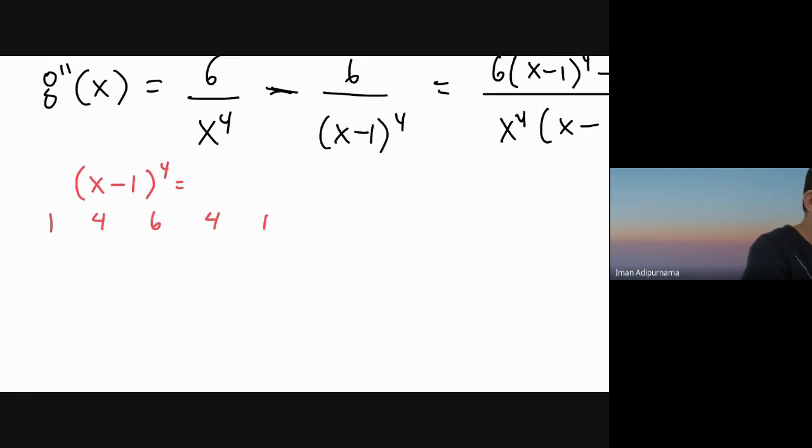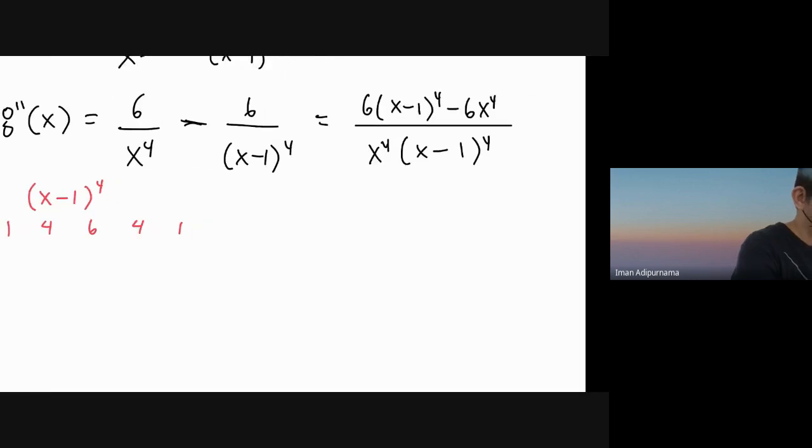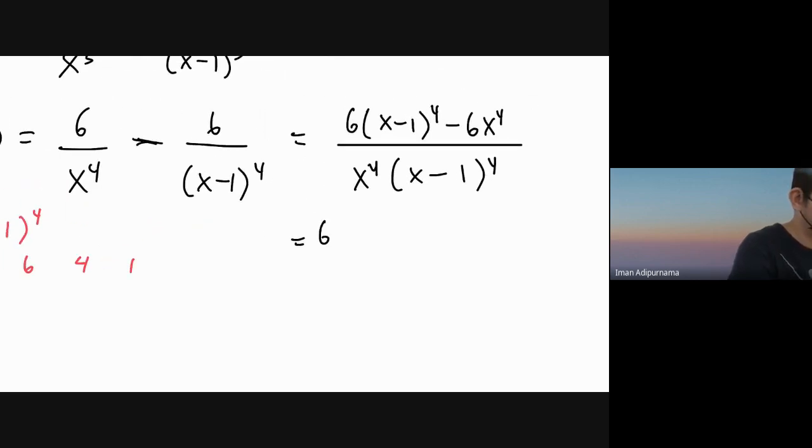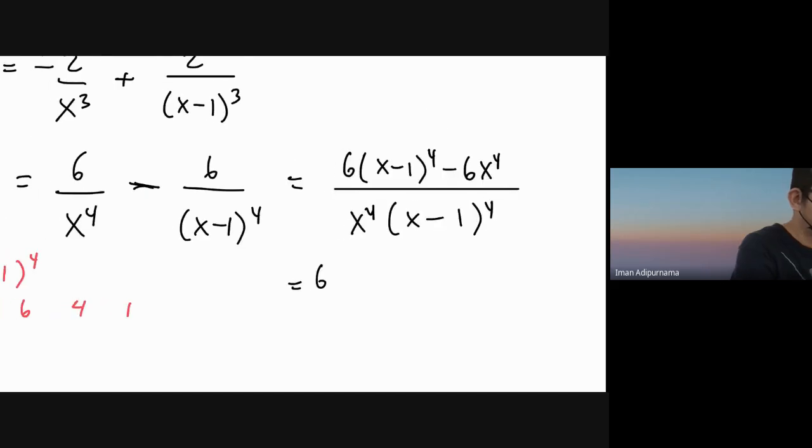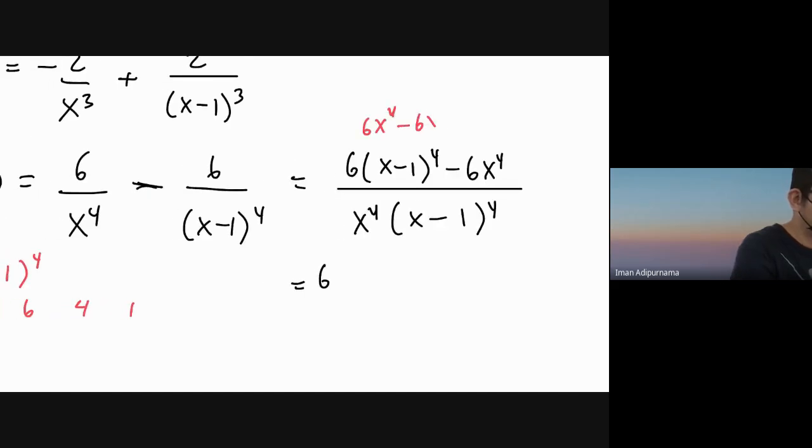We can also try to check from here, and then checking from here, we get 6, and it will cancel, so we have only the x cubed.